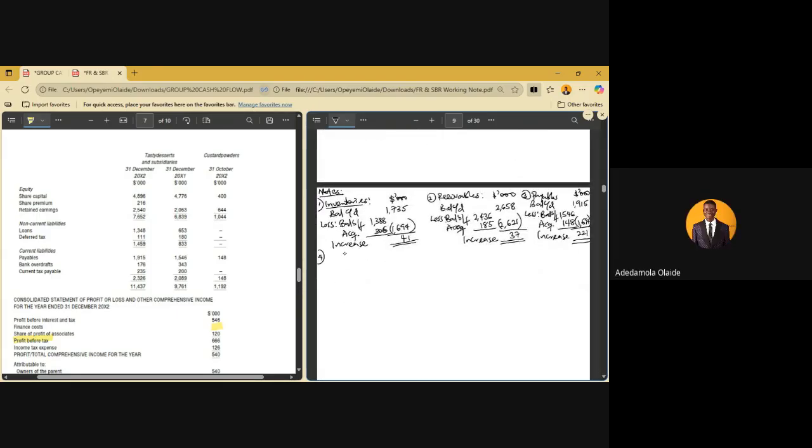So to get the tax paid, we prepare the tax payable account. What do we have in the tax payable account? We have the balance brought forward, and we have two types of tax here: the current tax and the deferred tax.